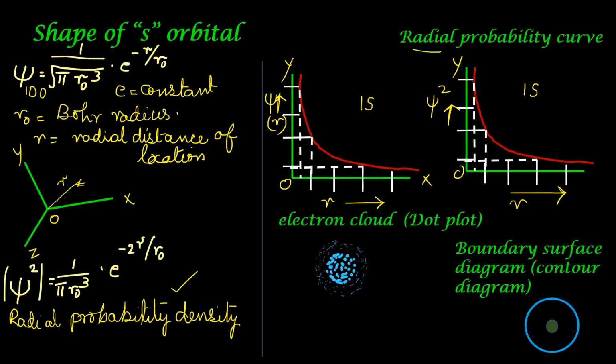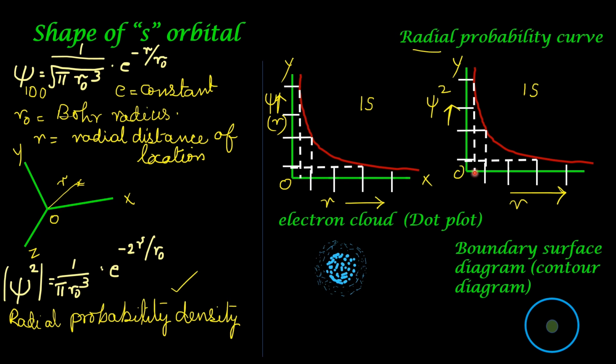Because as I told you earlier, this coordinate is for a sphere. So this distance is radial distance. So when the radial distance increases, the probability of finding the electron decreases. Or in other words, the probability of finding the electron is maximum around the nucleus.